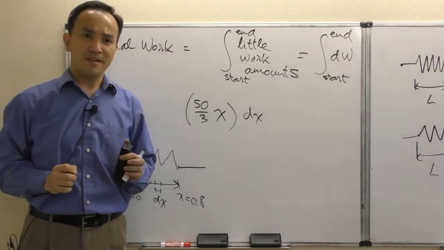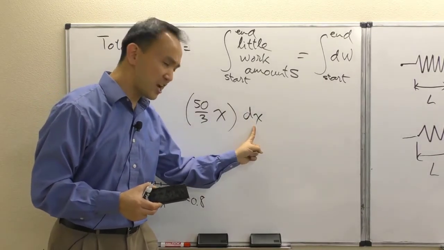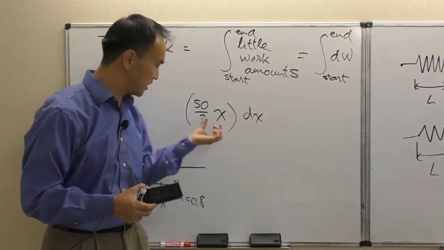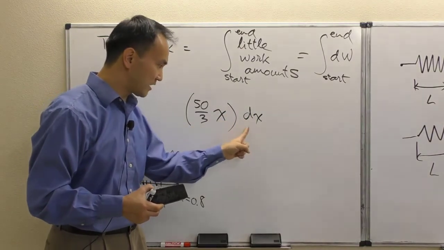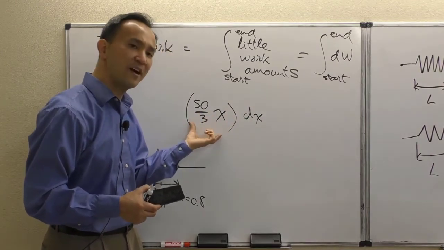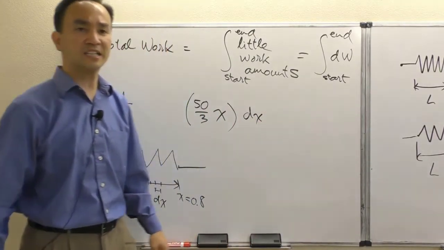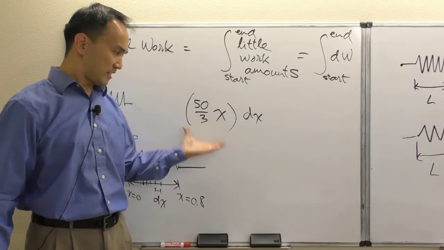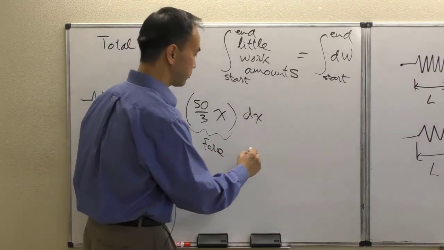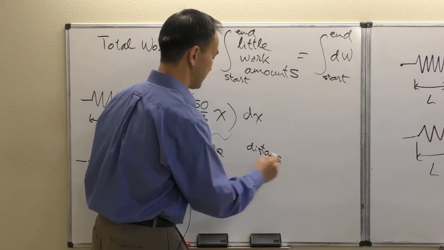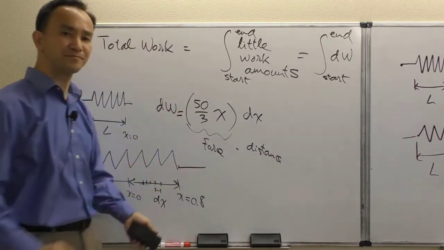The change is so small that we won't notice much difference in the force, so the force can come out as however much force there is at that instant when x hits whatever specific length beyond the natural length. This is force, but I'm multiplying it with a little distance. So this is a little amount of work, dW. That's my dW.